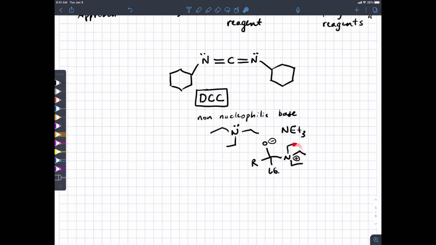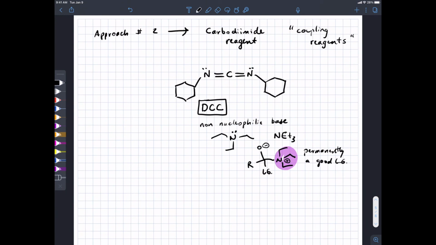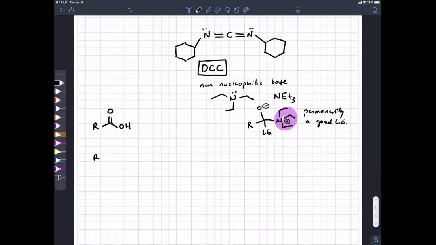And so that's permanently a good leaving group. And so we can use this as a base without worrying about it interfering with the reaction. Okay, so the effect overall is to take a carboxylic acid and an amino group.